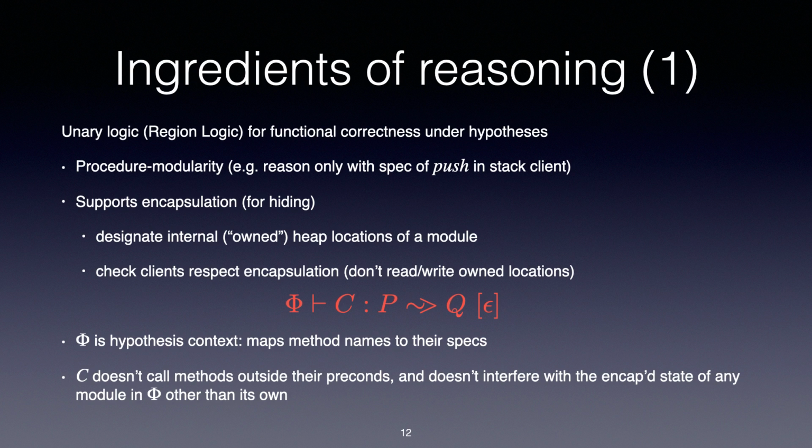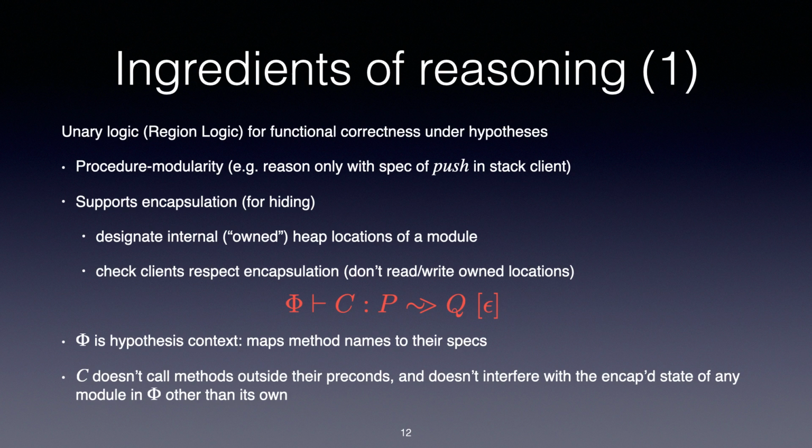This owned is from ownership terminology, ownership types, and so on. But basically what that says is that there are some internal heap locations which have been designated, and we must make sure that clients respect encapsulation. That is, they don't read or write these owned locations.